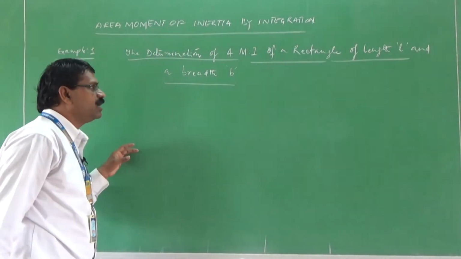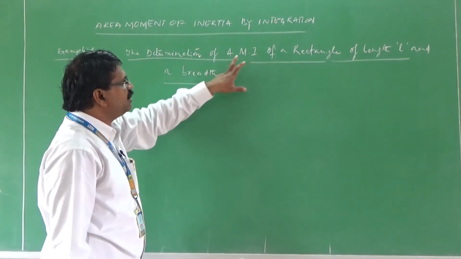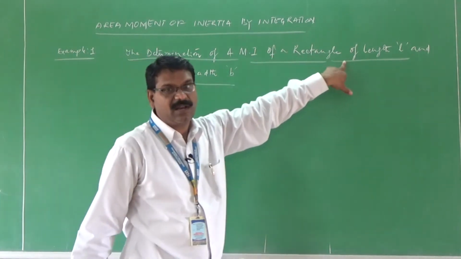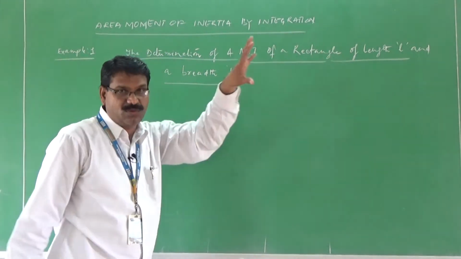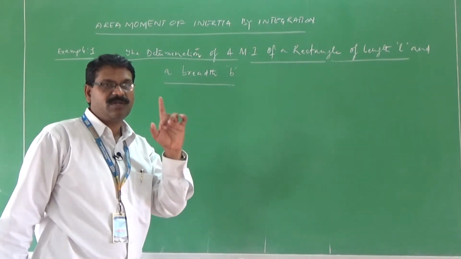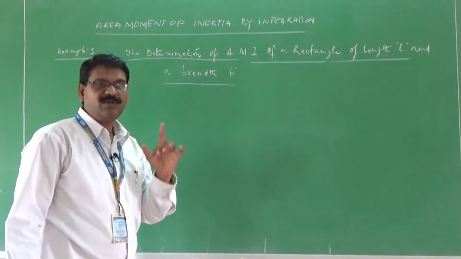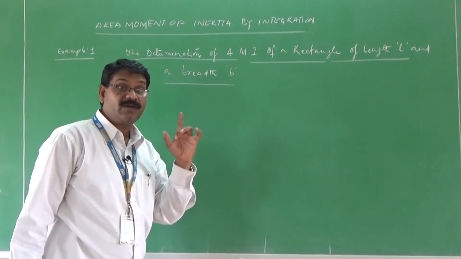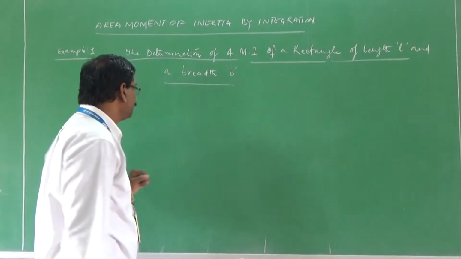Before we do that, if I want to determine the area moment of inertia of a rectangle, I should perform this particular case in two different cases. The first case is determination of area moment of inertia I_x, and the second one is determination of area moment of inertia I_y. Let us see this.